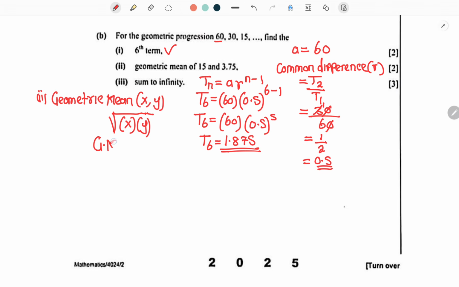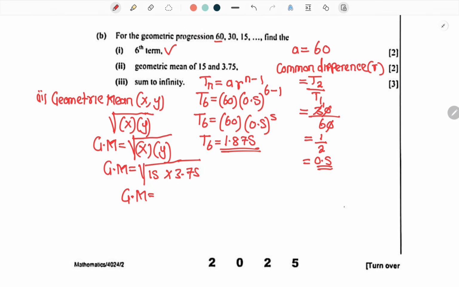So of course GM is going to equal to the square root of x, and then we also get the square root of y. They should be multiplying inside. What we have is simply 15 multiplied by 3.75. Then of course our geometric mean is going to equal to, we can just multiply the two, 15 multiplied by 3.75, and then we find the square root.